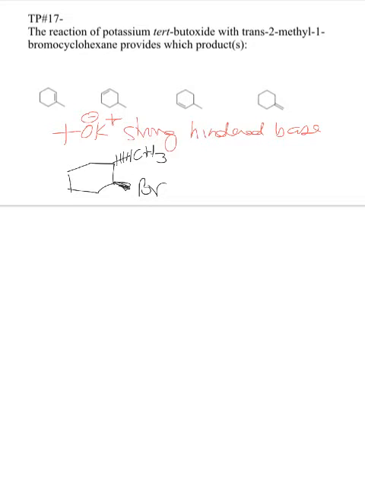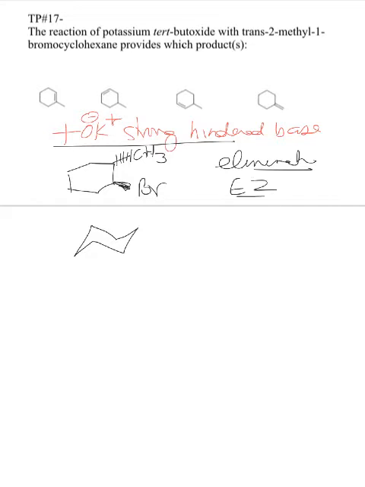Okay, so if you look, all these products are elimination, which makes sense because you're using a strong base. But now when you're dealing with cyclohexanes, you have to draw the chair out, because we're dealing with a strong hindered base. We're dealing with an E2 reaction because we're also dealing with a secondary alkyl halide. So you got to recognize what you're dealing with here. Strong base, and it's a hindered base.